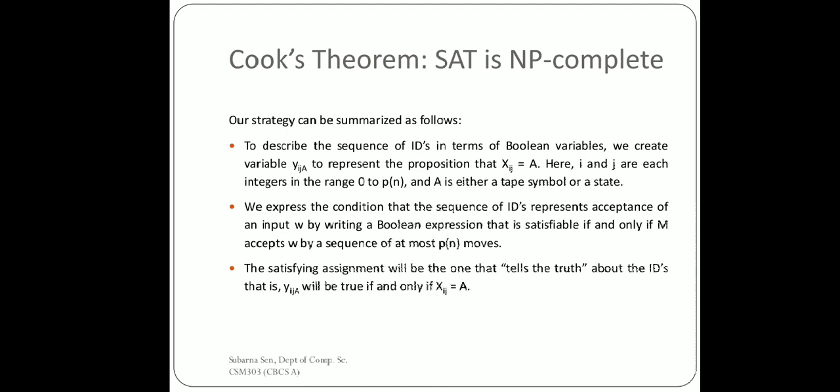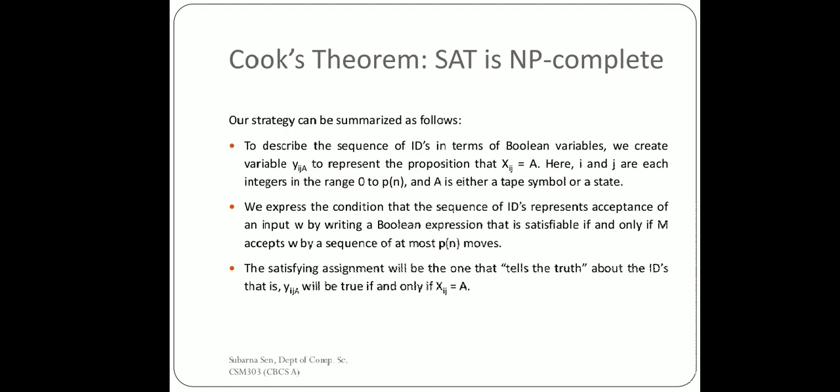Here 1 means true. Satisfiability means we pick those values whose resultant is 1. True means that, following any number of moves restricted to a maximum of p(n), following that path we have reached my accepted state.